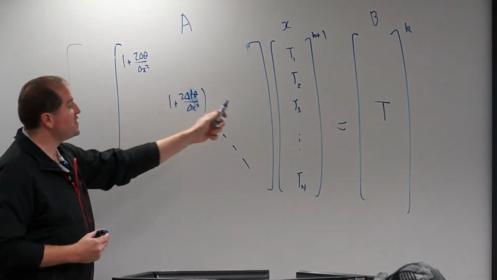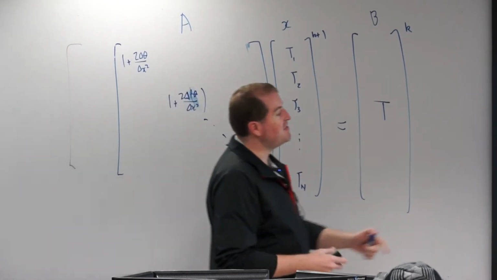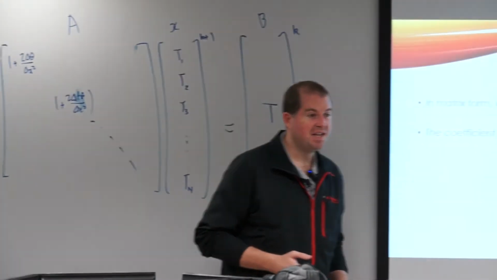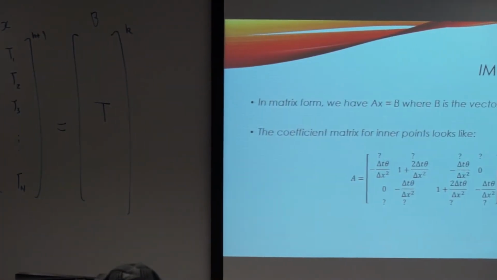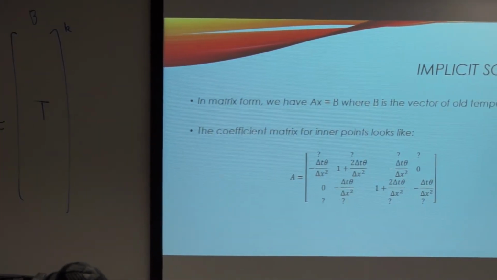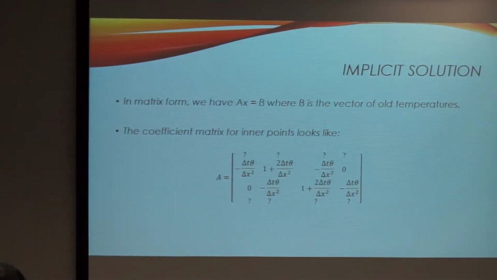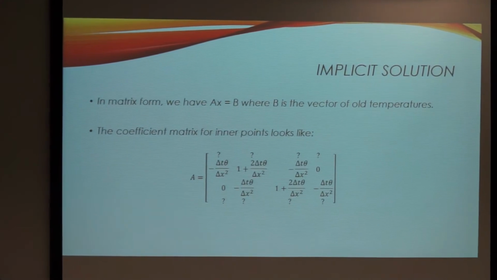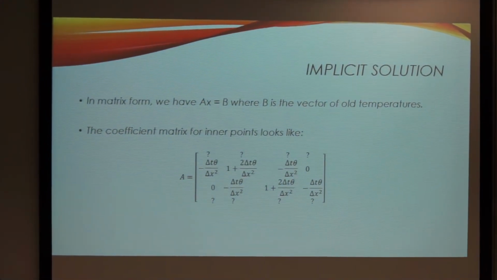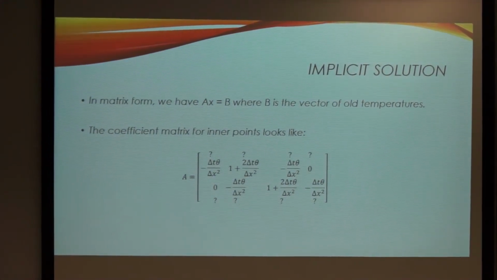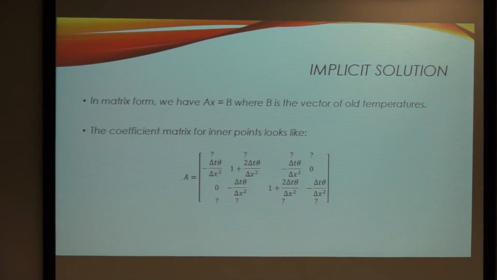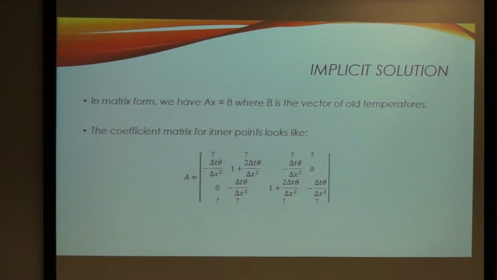And on the off diagonal terms, we have these negative dt theta divided by dx squared. So we have a symmetric matrix. That's very important. The matrix is positive definite. That's important too. So we have a symmetric positive definite matrix, which makes this about the friendliest matrix you're ever going to see. So it's a nice matrix to solve to start with. That's what it's going to look like.